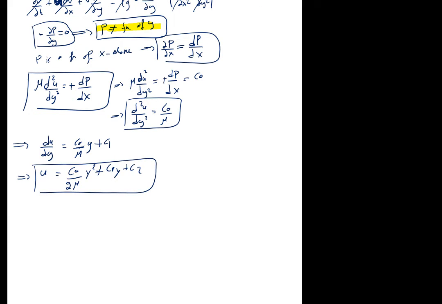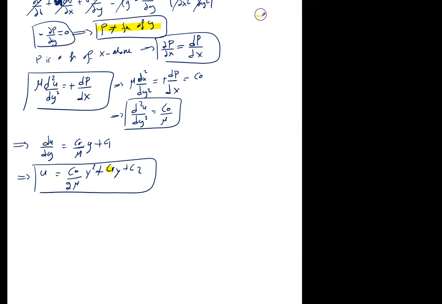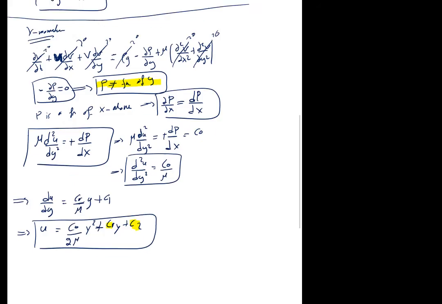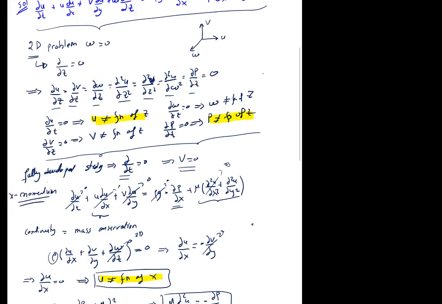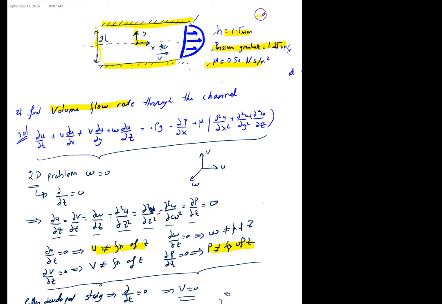Now, what do I have here? I have the general equation of the velocity anywhere between the plates. I'm left with the simple problem of finding my constants. To find these constants, I have to set two boundary conditions. You can be creative when it comes to boundary conditions, but I like to keep it simple.